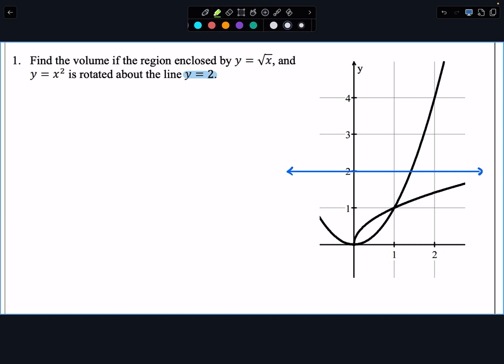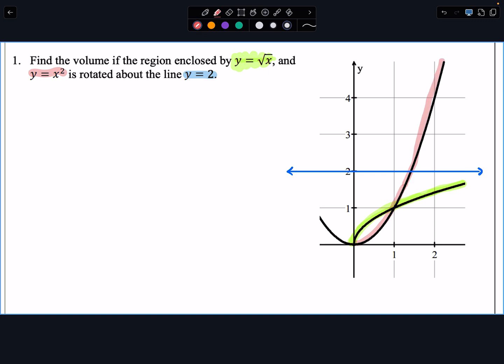Do you guys agree that the square root of x is this function right here? You guys see that, or is that too light? Is that better? And then do you guys agree that the parabola is the x squared, right? That right there.